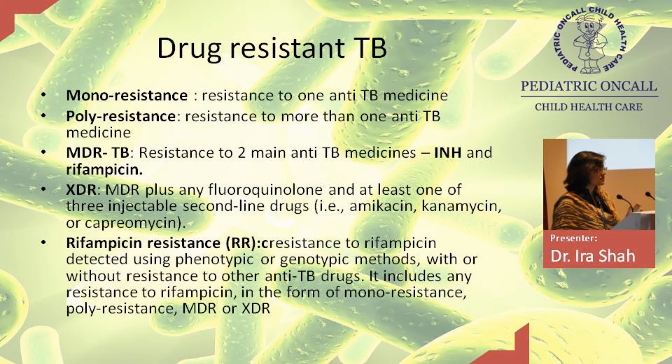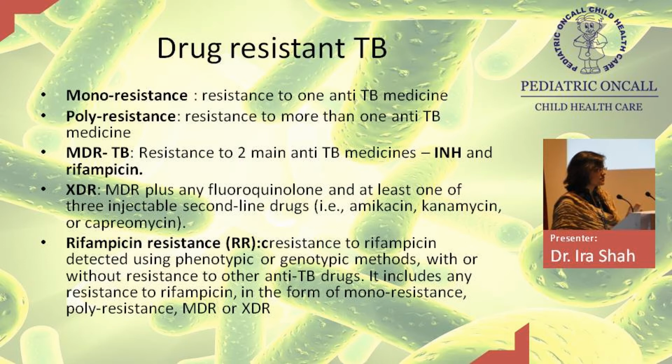It's the backbone of your intensive phase, and of your continuation phase. So if you're losing both your backbone drugs, INH and rifampicin, it is time to worry, and it's called multi-drug resistant and not polyresistant. When you have polyresistance, the combination could be INH and streptomycin or rifampicin and ethambutol. It's never going to be INH and rifampicin together.